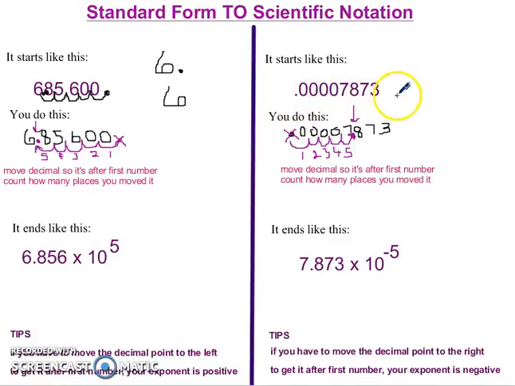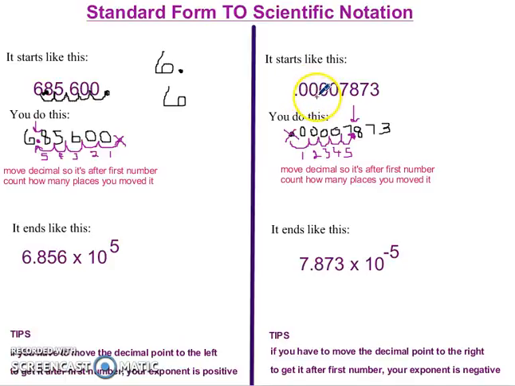If my number starts like this and my decimal point is over here, I need to get that decimal point in front of the first number that is 1 or bigger. So the whole point of it is I want to get a number and then a decimal point. The number has to be greater than 0. So I can't put it here. That would put a 0 in front. I can't put it here.